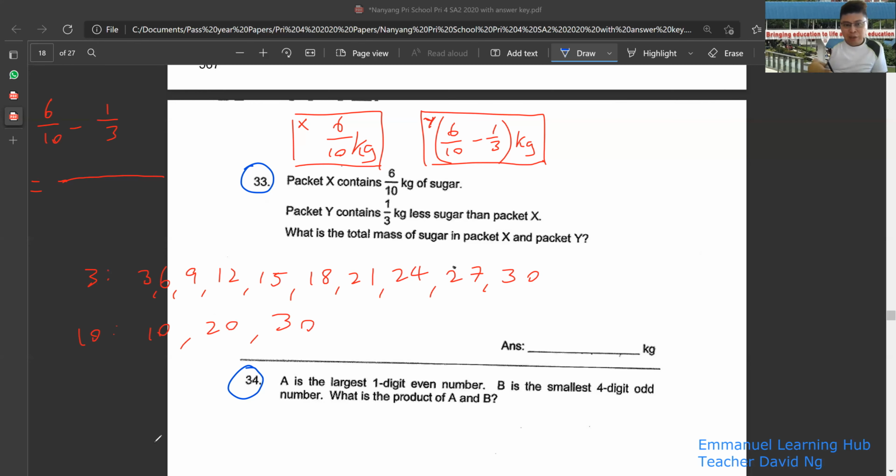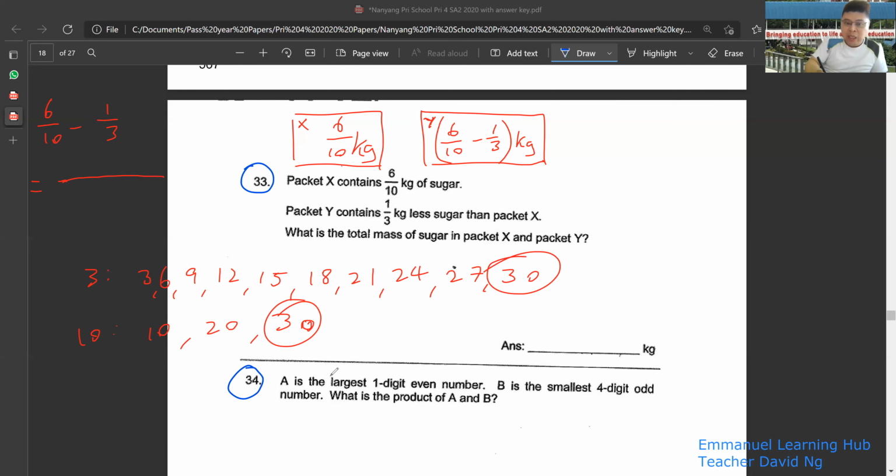List out all your multiples, right? You know how to list out your multiples, right? Then which number is common? 30. Understand? So the lowest common multiple is 30.